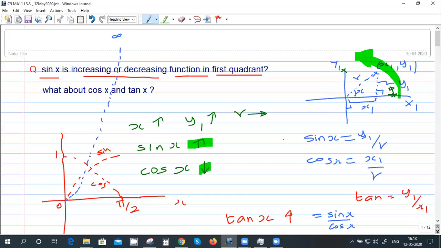So with sine by cos, the denominator cos becoming 0, this thing will shoot up, right? Anything divided by 0 is a large number. And cos is becoming 0 at this point. Pi by 2 minus, it's becoming very close to 0. That's why at that corresponding point, tan is very large.